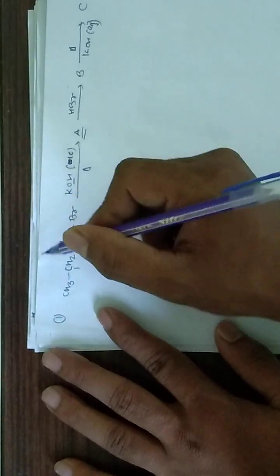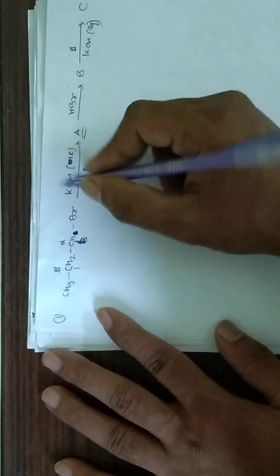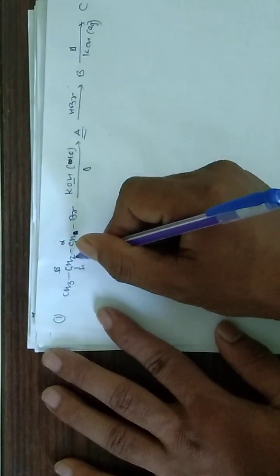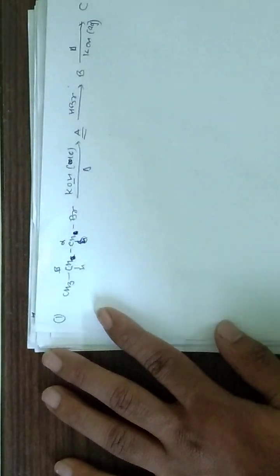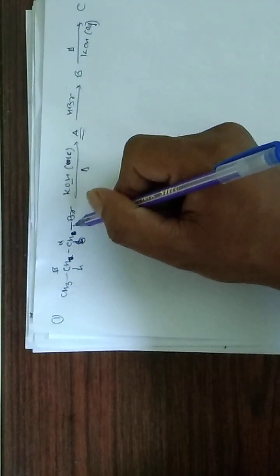This one is the alpha carbon, this one is the beta carbon. The base removes H plus from the beta carbon atom, and bromine is knocked out. Then the double bond is formed.